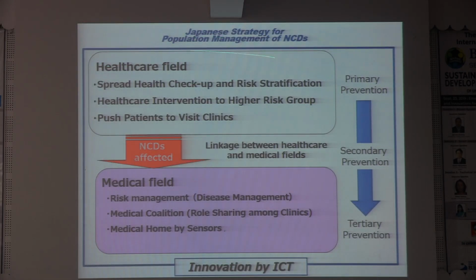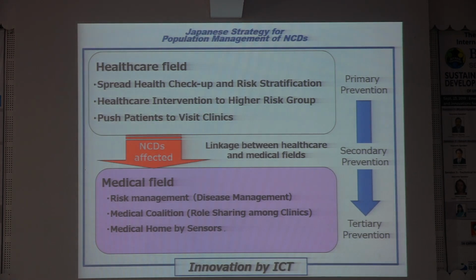First, we have two fields, a healthcare field and a medical field. In the healthcare field, we started the health checkup system and risk stratification. And then we make intervention only to the higher risk group.